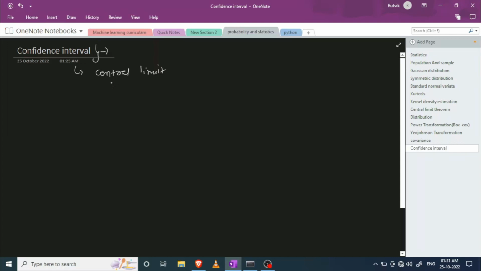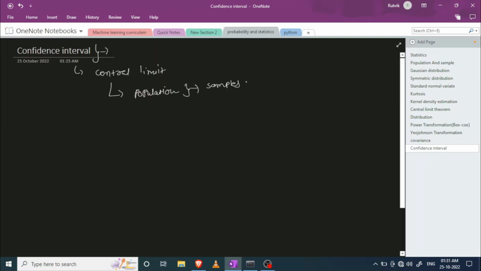So, a short introduction to the central limit theorem. Suppose we have a large population and we want to calculate its mean. It's very difficult to get data from a large population, so we get data from different samples.